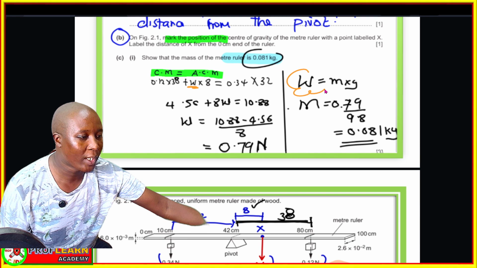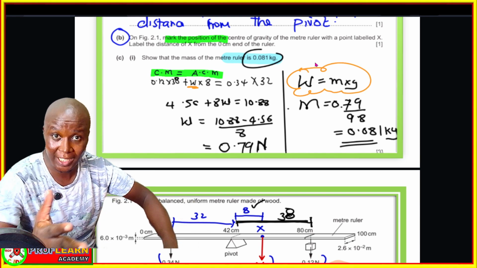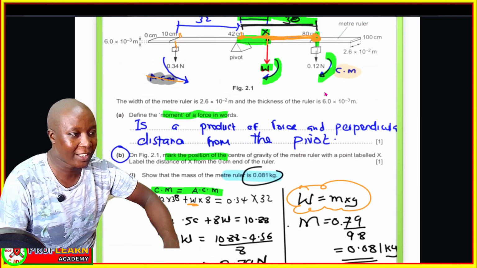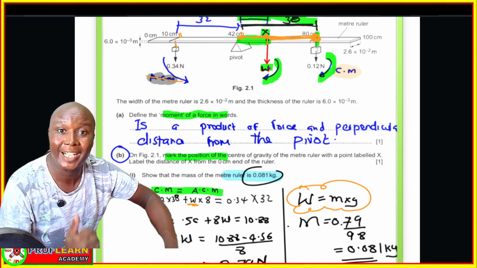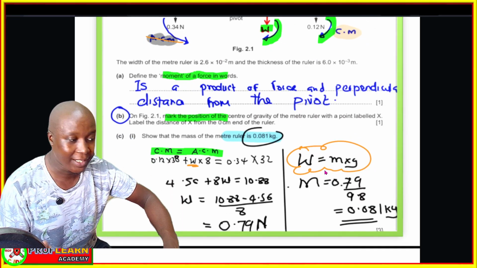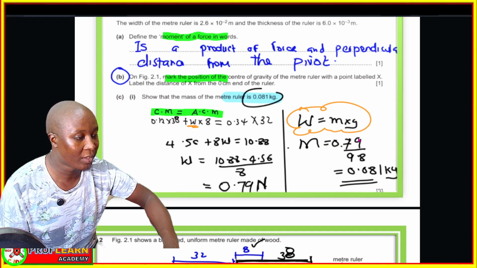But now you are supposed to remember that weight is mass times gravity. So mass times gravity gives you the weight, and that's the weight of the meter rule. So what is the mass of the meter rule? The mass will be weight divided by gravity, and that is going to be 0.79 divided by 9.8.